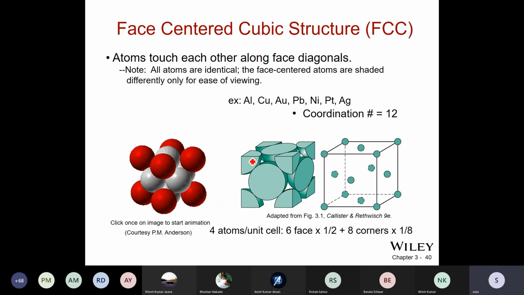You can consider one of those corner atoms. Oh, by the way, atoms are touching each other along the face diagonal. Along the face diagonal, the atoms are touching each other, like this.